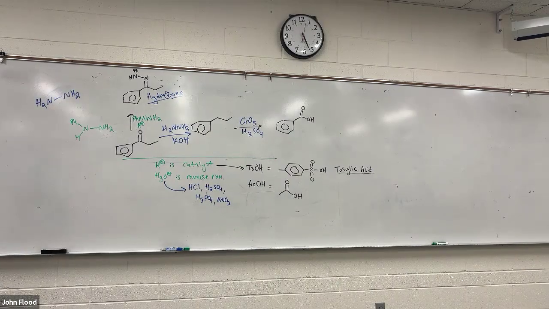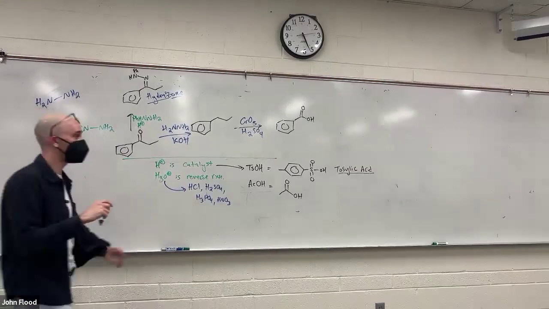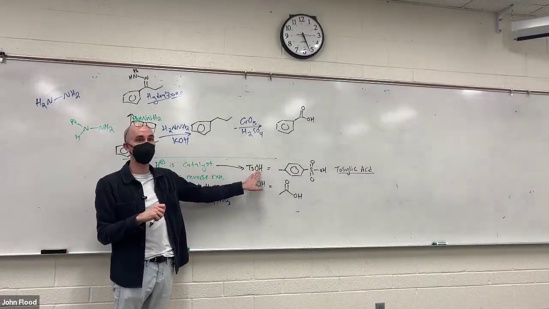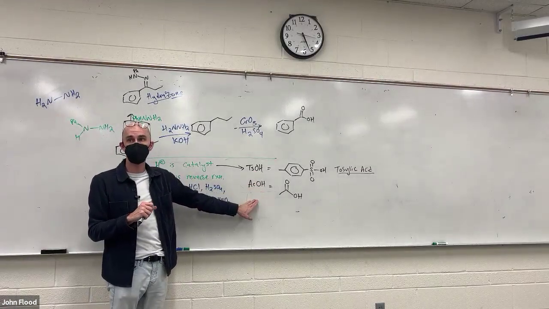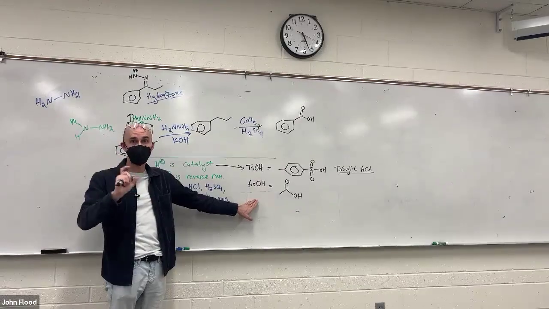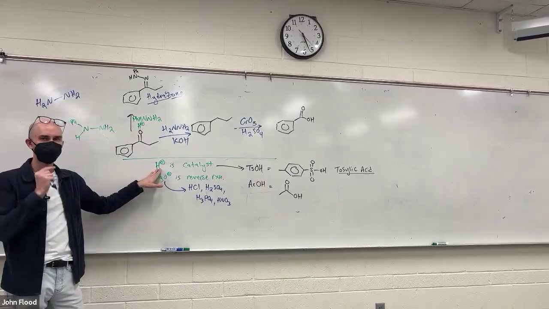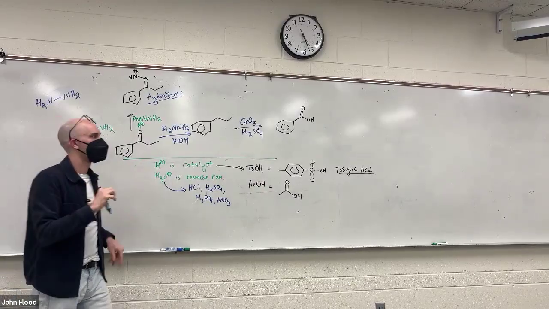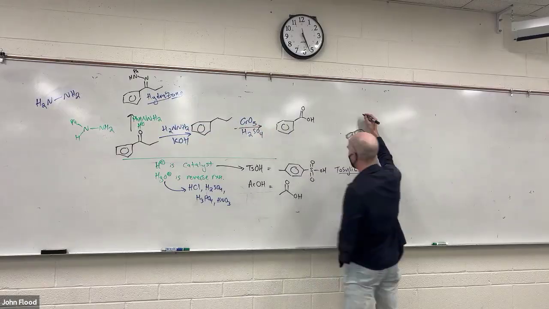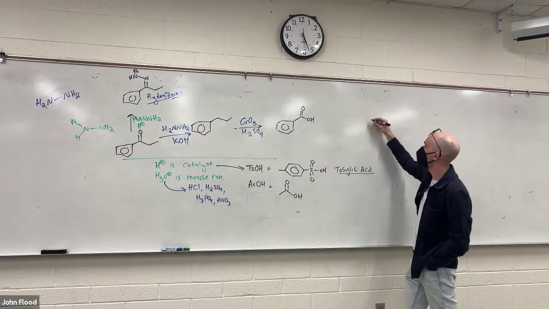I am trying to think of the other ones that I recommend. Those are what I recommend as a source of H+. In your mechanisms, you're welcome to use TsOH, AcOH as the actual acid source, or you can just show H+. But I want you guys to consider this.